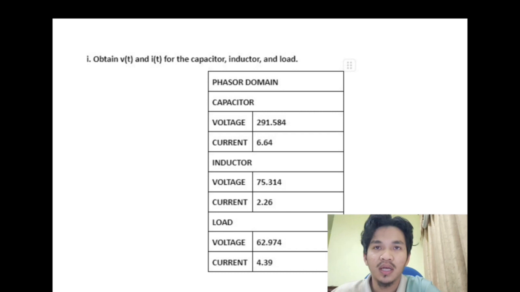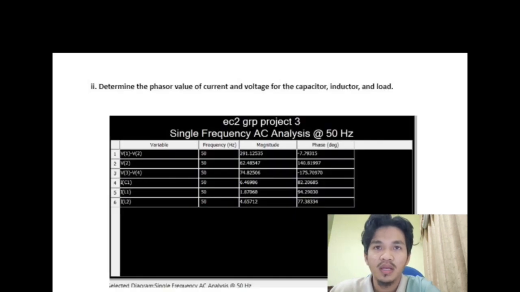For the capacitor, 7.95 ampere. For the inductor, we got 1.97 ampere, and for the load current, we get 5.99 ampere.